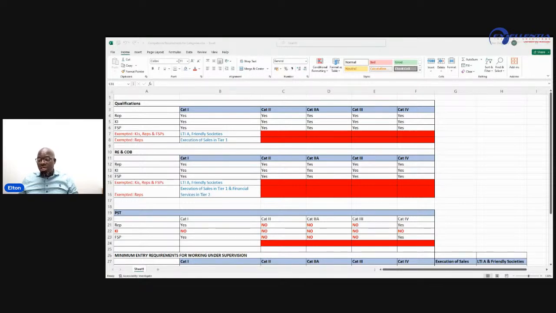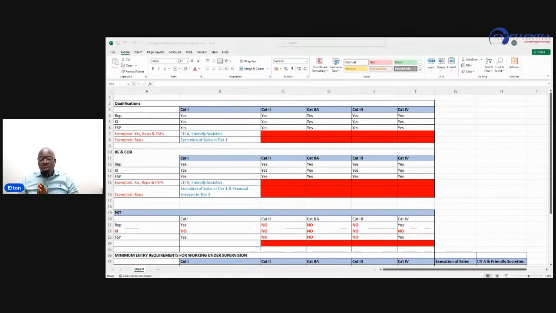But in your own reading, you should have seen that there is a requirement that these guys must actually have a grade 12 or equivalent. So maybe an NCAF 4 or a grade 12.